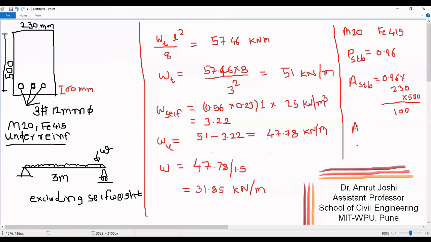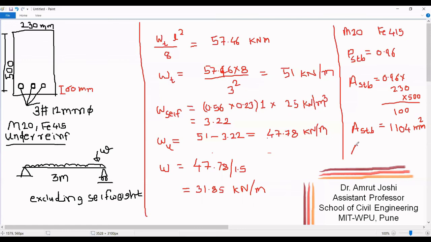So what is the steel that you require to make this section balance? It turns out to be 1104 mm square.